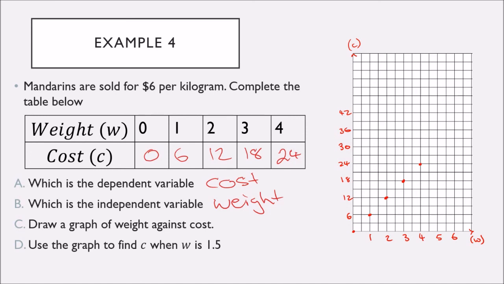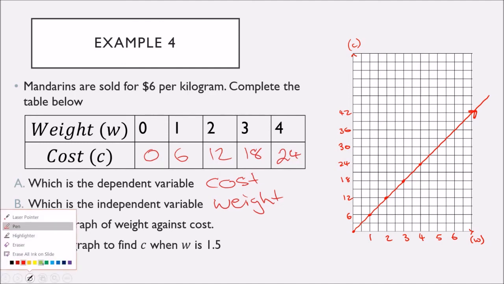Okay, now we need to join our line, making sure it's nice and straight through those points, and put a little arrow on it to say that that's going to continue. Now what I want to do is use my graph to find the cost when the weight is 1.5 kilograms. So we go across here, we find 1.5, that would be here. We go up, and then we go across.